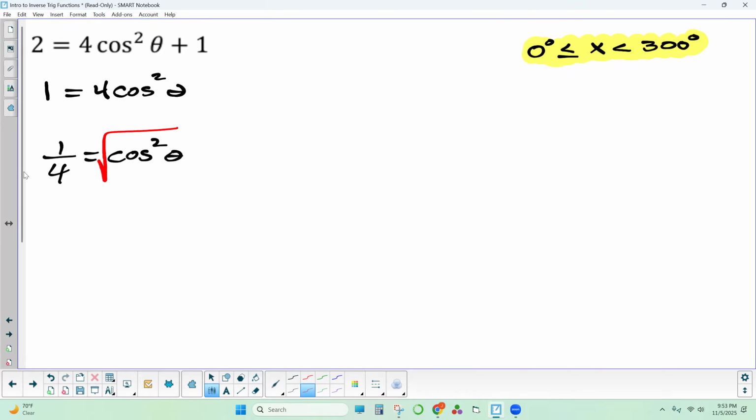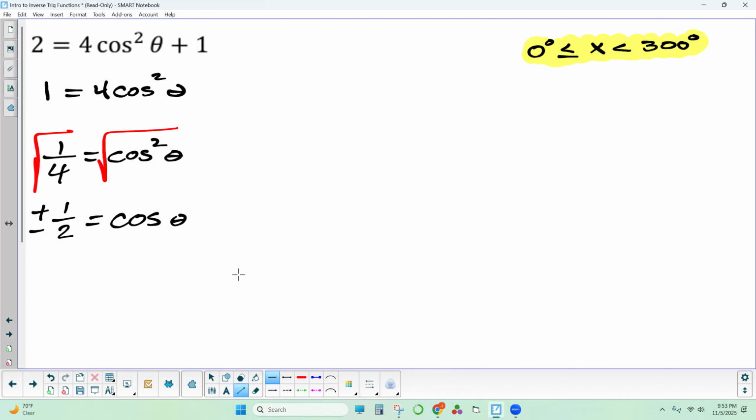So I'm going to take the square root of both sides. All right. So the square root here is cosine theta. And the square root of 1/4 is plus or minus. Don't forget your plus or minus. The square root of 1 and the square root of 4. Nice. Plus or minus 1/2.